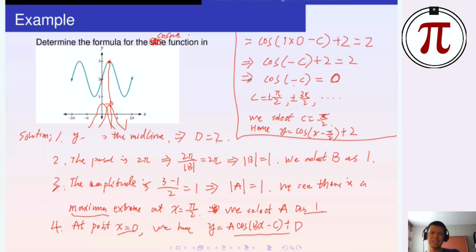After you get cosine, you can determine the sine, because you have the co-function identities. But in the next class, we will talk about the sine functions.